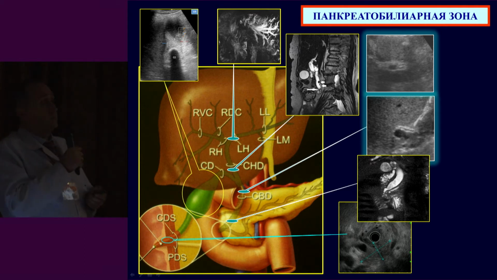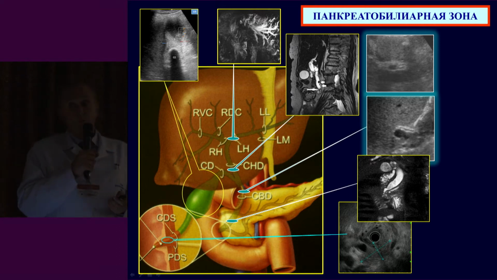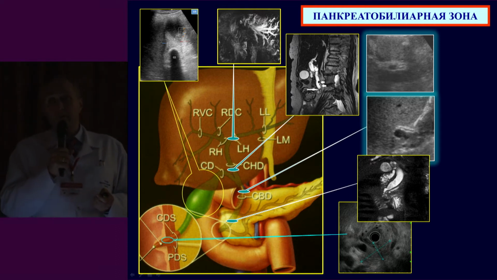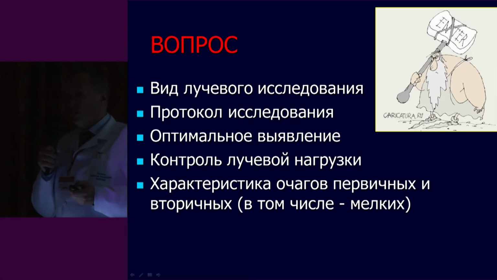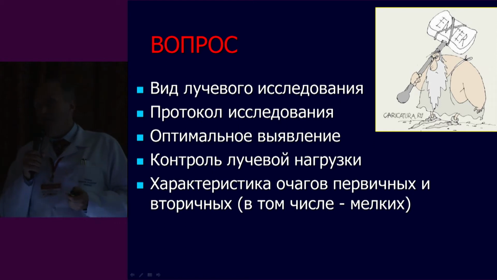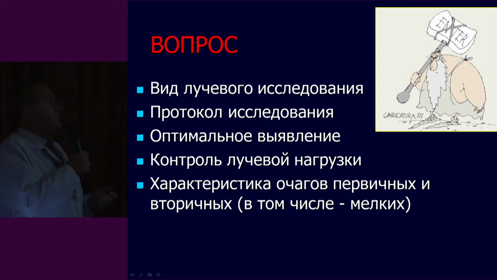Classical ultrasound, of course, is capable of demonstrating or detecting some extrahepatic duct disorders, and of course a very important place belongs to the EUS method, endoscopic ultrasound, with this or that treatment strategies.